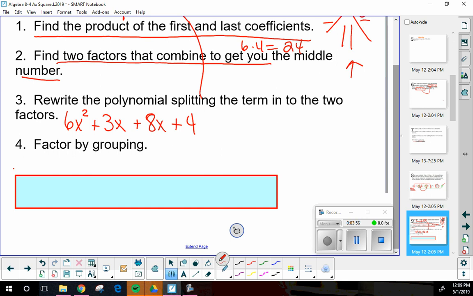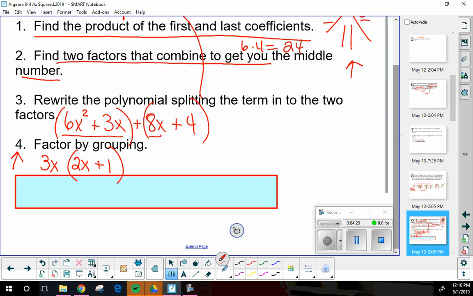And then our last step is to factor by grouping. So I'm going to group these like I need to so that I can get out the greatest common factor in them. So in this one, I can see my greatest common factor is going to be 3x. So that would be 3x times 2x plus 1.